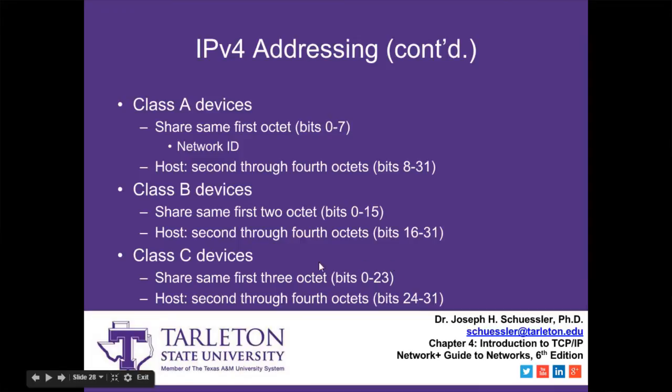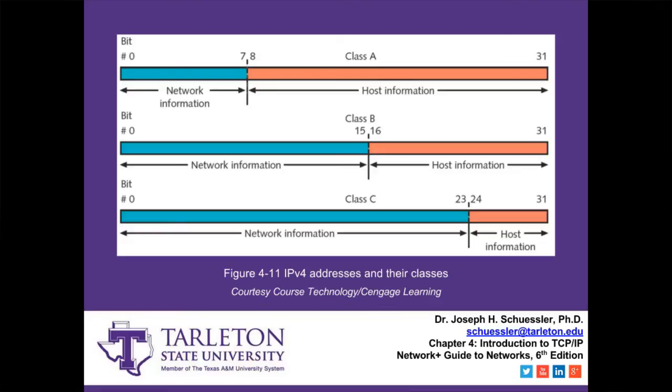Again, if all of these bits are the same, you're on the same segment. As a result, all the clients on that segment can talk to each other. If they're different, you need a router to be able to communicate between those two computers. So graphically, here's kind of how it looks. Class A, Class B, and Class C.